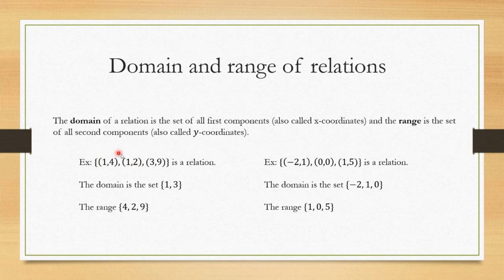Whereas the range is all the y coordinates, all the second components, in other words, all the numbers after the comma, so to say. So for this one here, the domain would be just 1 and 3. You really don't want to list an element more than once. Whereas the range here would be 4, 2, and 9.